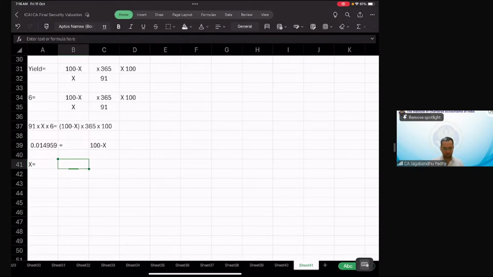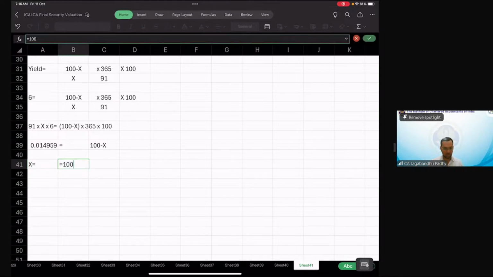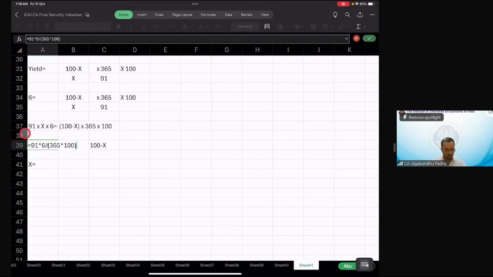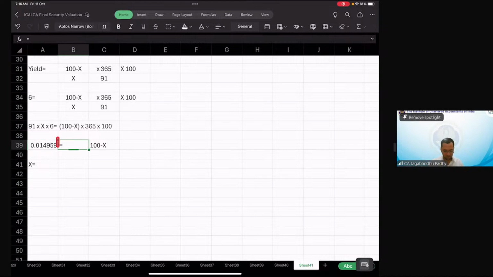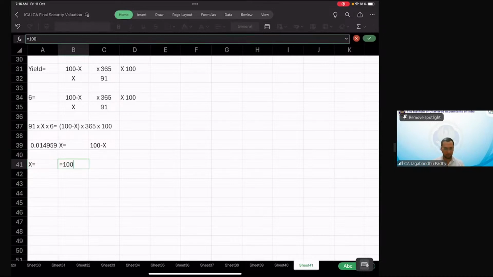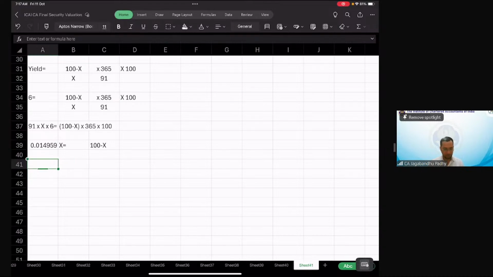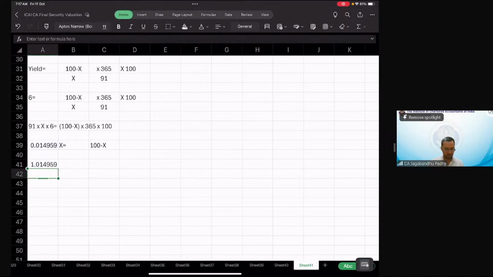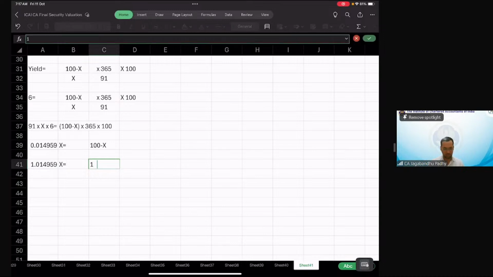So X will be equal to 100 minus 91 into 6 divided by 365, multiplied by X. Finally, taking all the X on one side, we can say it is 1 plus this portion, into X, is equal to 100.